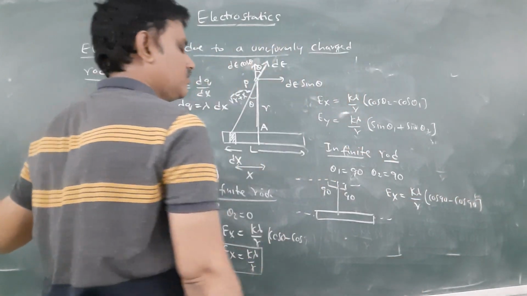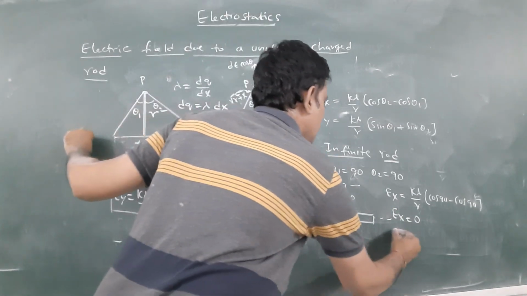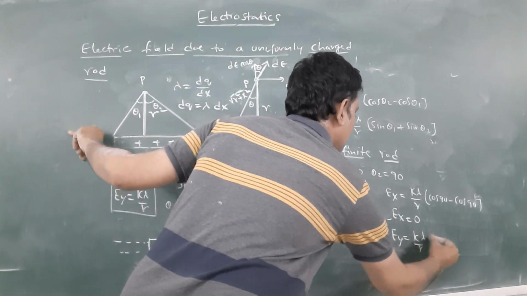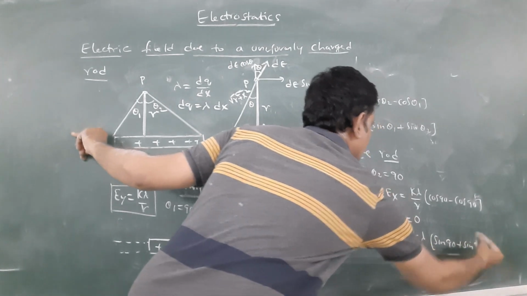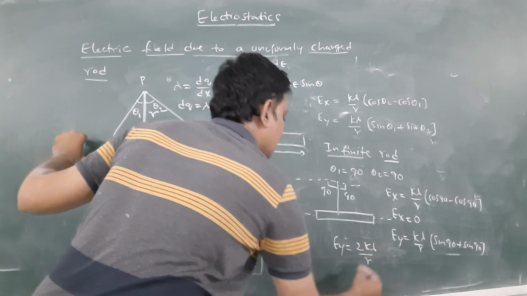Cos 90 is 0, so Ex is equal to 0, and Ey is equal to k lambda by r into sin 90 plus sin 90. So Ey is equal to 2k lambda by r.